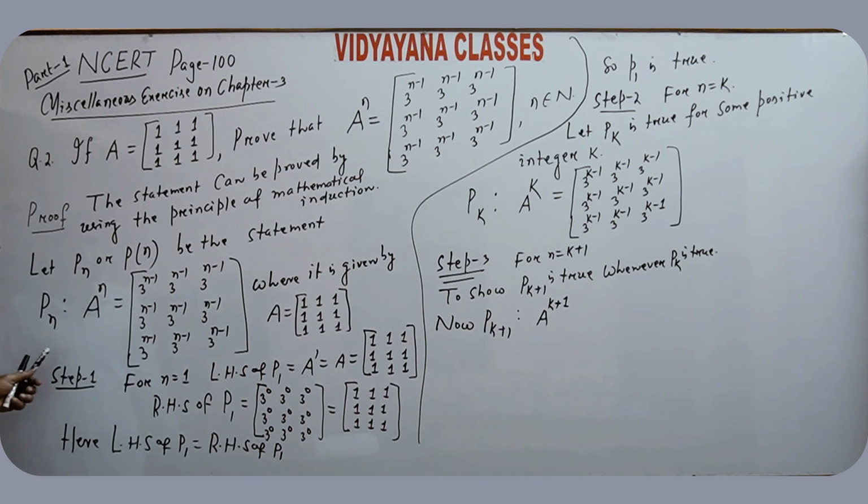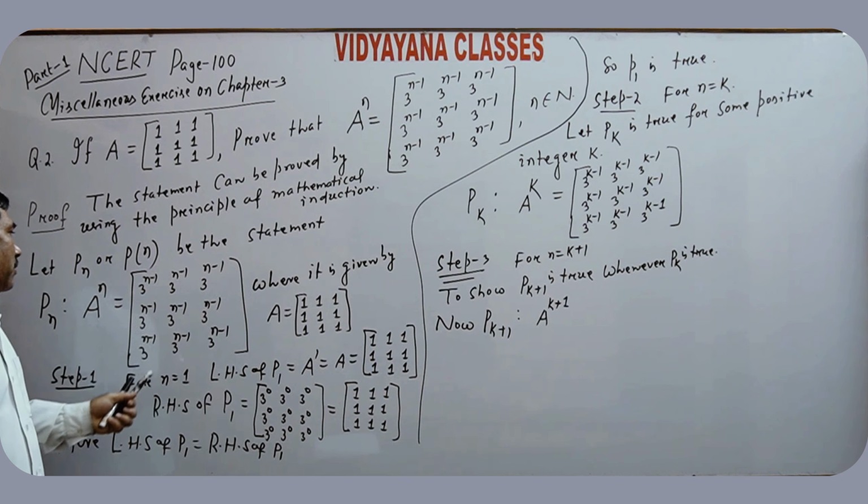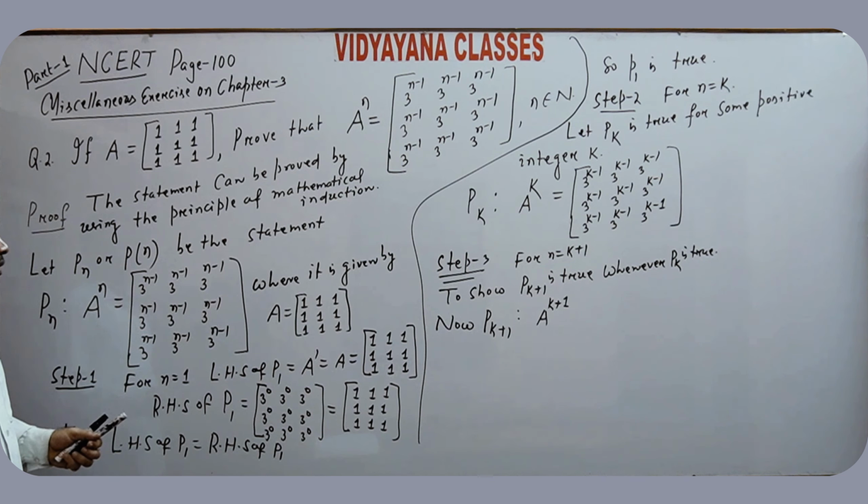The left hand side is A to the k plus 1. If k plus 1 is replaced by n in each element of the right hand side, then P(k plus 1) is true.